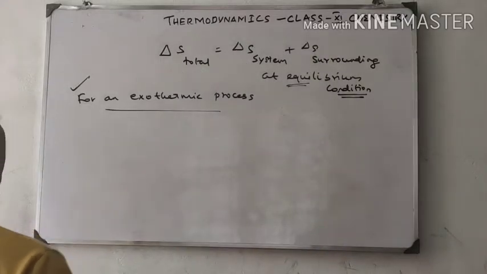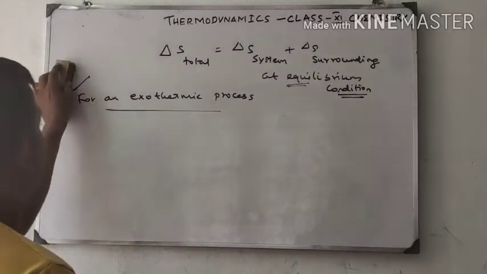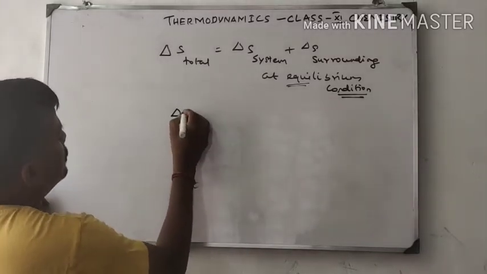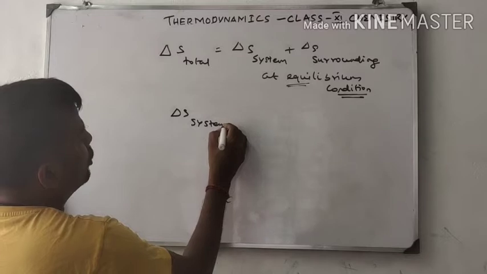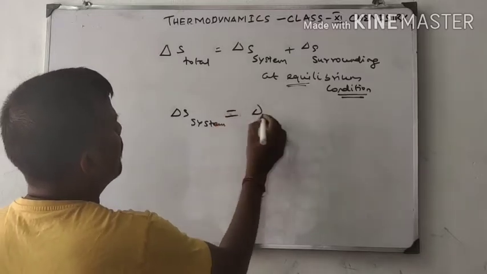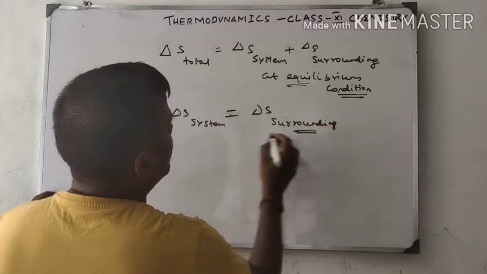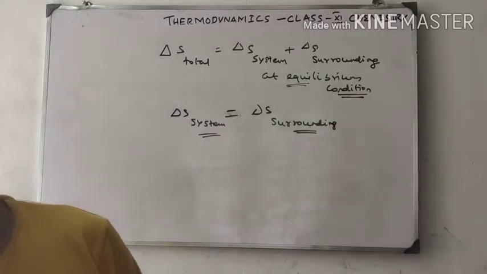Next point, at equilibrium condition, delta S system is equal to delta S surrounding. So system energy and surrounding energy are in equilibrium.